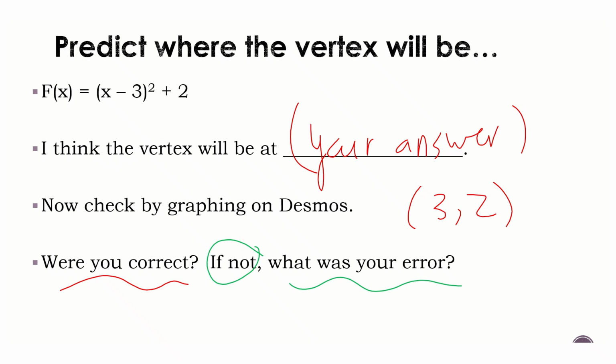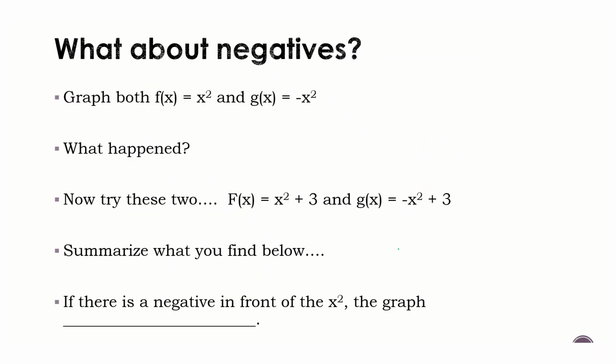If you got it wrong, you might say your error was I switched the x and the y around, whatever your error happened to be. If you left it blank, then your error was I did not try. And that's the only kind of error that as a teacher I can't really work with, that you didn't try to do the problem. All right, so on to the next.